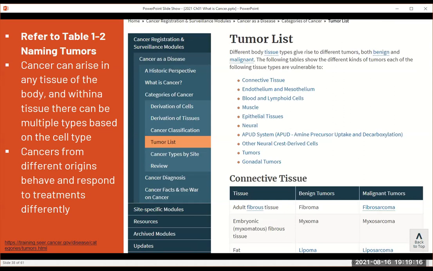Therefore, it is important to correctly classify a tumor by its origin so that you have a direct vision for where the treatment plan is going to go, and you have past data to show you what your best opportunity for responding to a treatment is, depending on what kind of cancer you have.